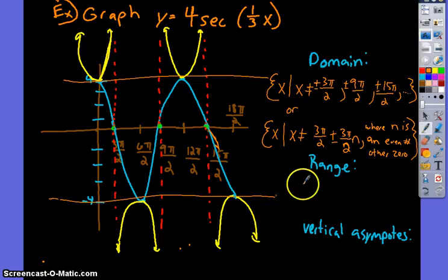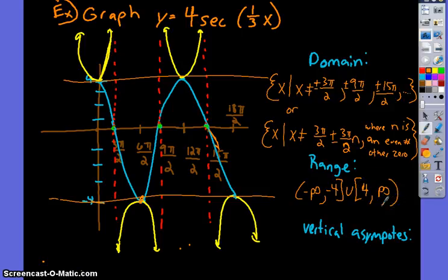We can say our range goes from negative infinity up to negative 4, with negative 4 included, and then union picks up again at positive 4 to infinity. So that would be the range.